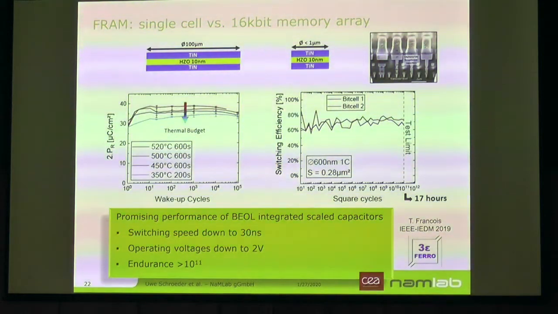And if you put this in a very small 600 nanometer capacitor structure, you even get nice linear cycling behavior up to 10^11 cycles. This was just the end of the measurement, and they didn't have any longer measurement time available. So switching speeds in the order of 30 nanoseconds, operation voltage at 2 volt, and endurance beyond 10^11 cycles. This is what makes this interesting for industry applications.